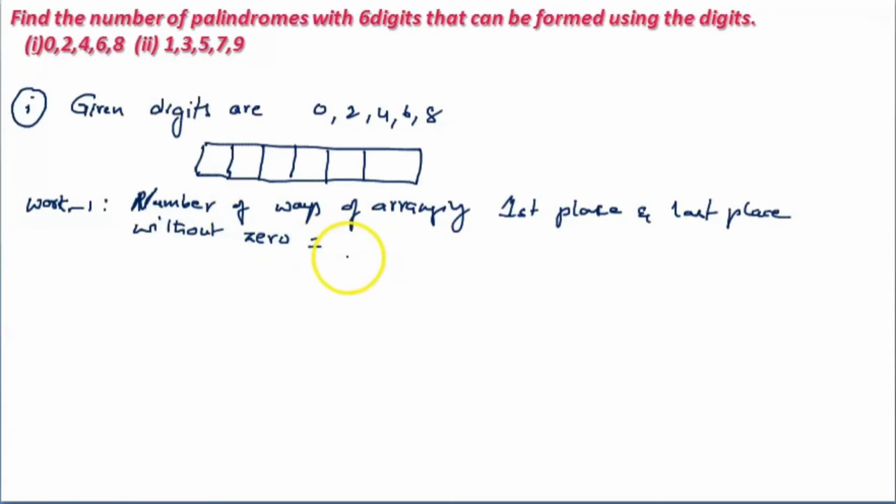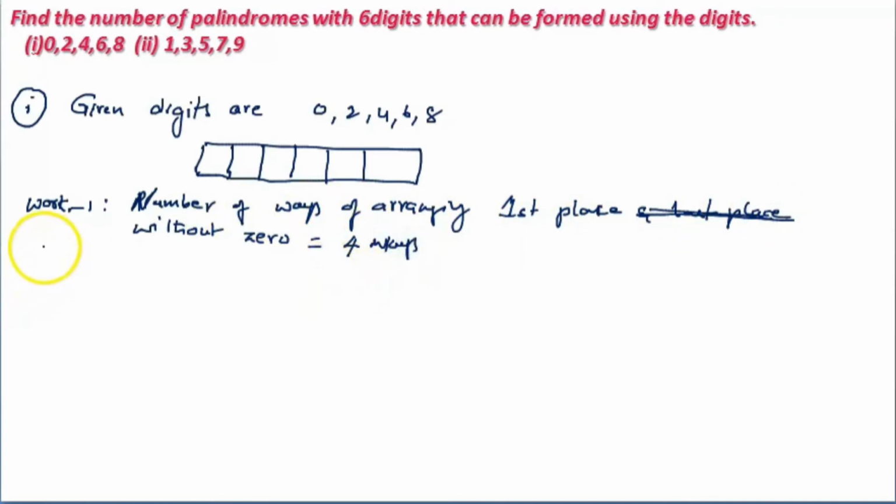Let us look into the last place later. For the first place and last place, I write the first place as four ways and the last place as one way. First place and last place without zero is 4P1. The first place can be filled with 2, 4, 6, 8. Whatever we take, the last place is in one way. So you can write it like this also. So the number of ways of arranging the first place without zero is 4 ways.